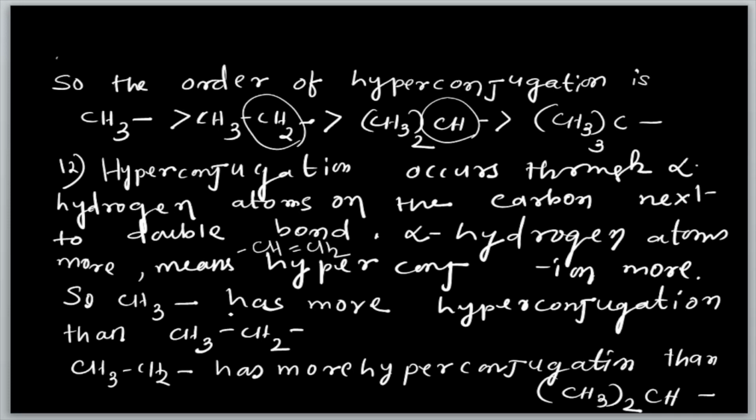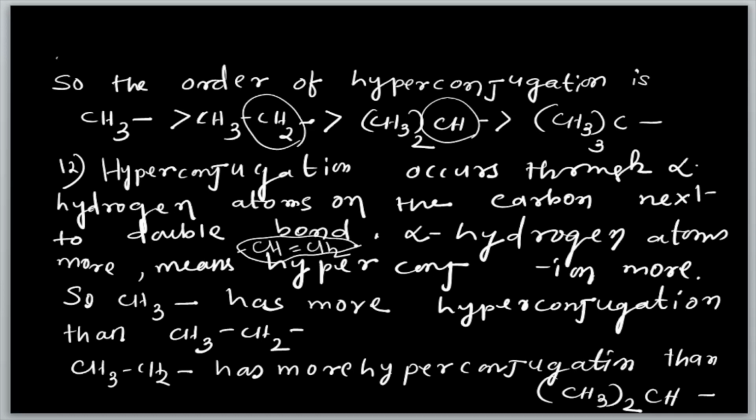So indirectly you can say CH3 has more hyperconjugation than CH3CH2 when attached to the unsaturated system. Example, CH double bond CH2. This part is very, very important. It is attached to CH double bond CH2. And CH3CH2 has more hyperconjugation than isopropyl.